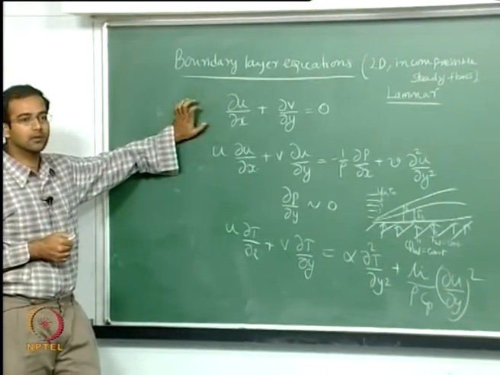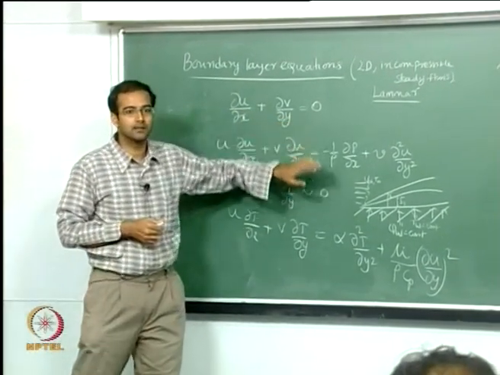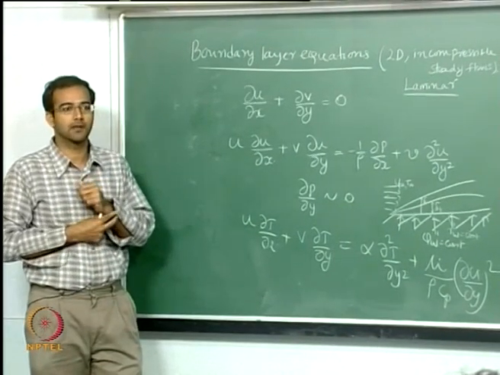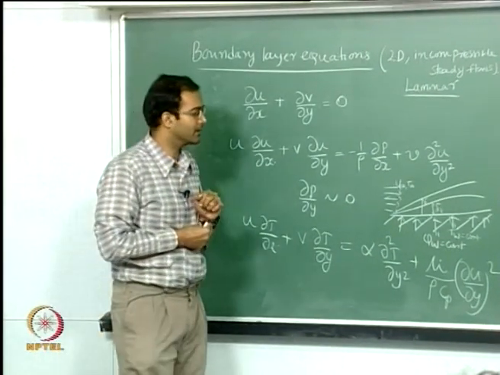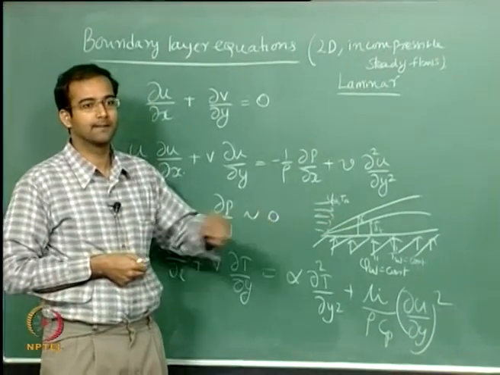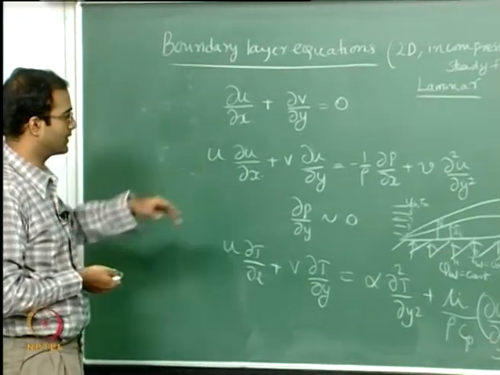But before we go to a complicated case where we have a pressure gradient, we are going to first apply that to a very simple geometry, the flat plate, okay. So for this case what kind of approximation can you make? Can you see some approximation further to this?